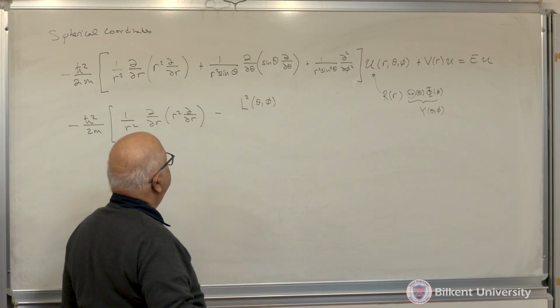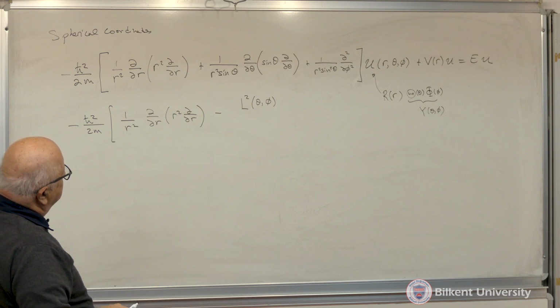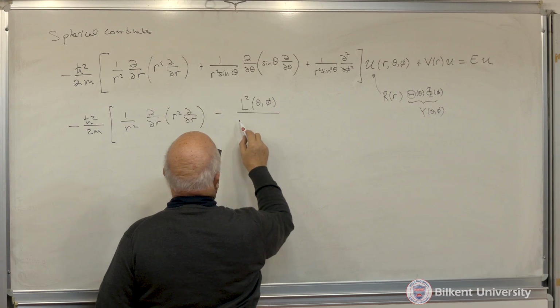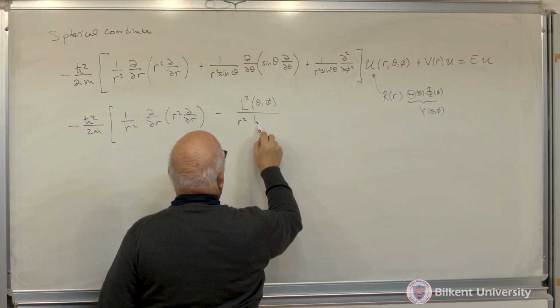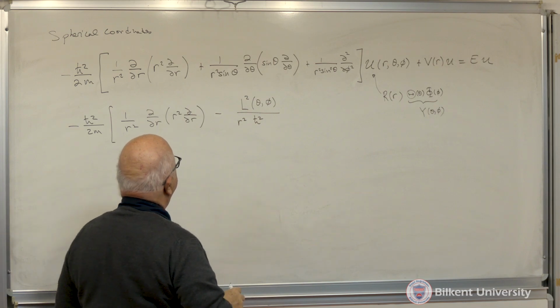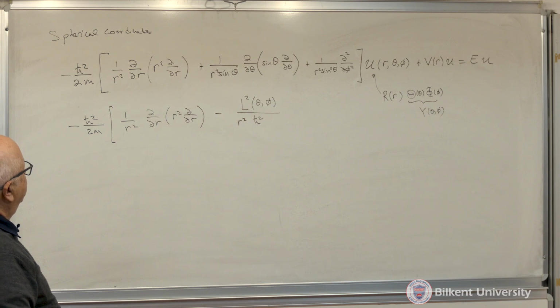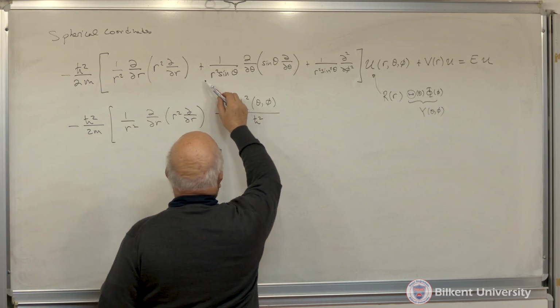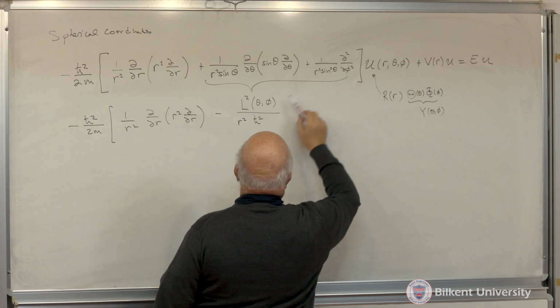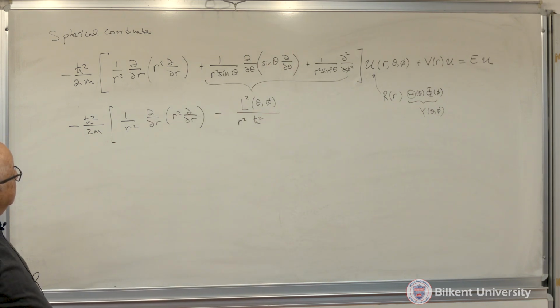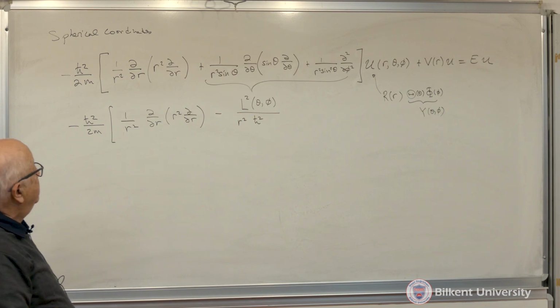I want to separate out the r squared and also the h bars, so I put an h bar squared here. It's just my definition of that thing. It has some r squared dependence, so I write that out explicitly, and then some operator divided by that.